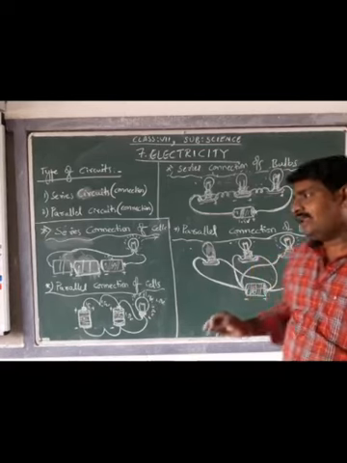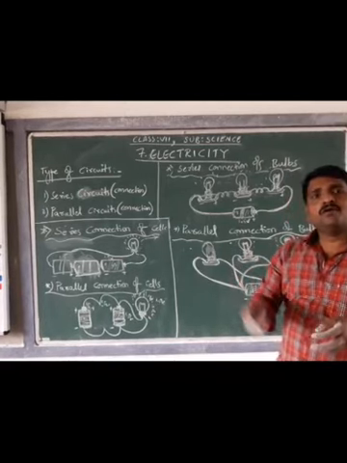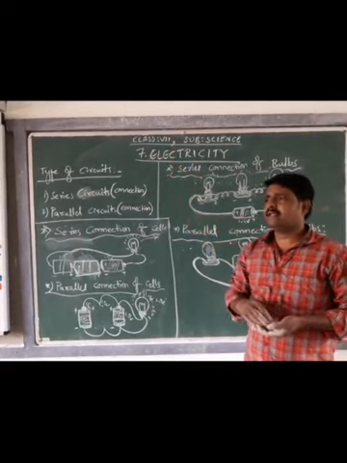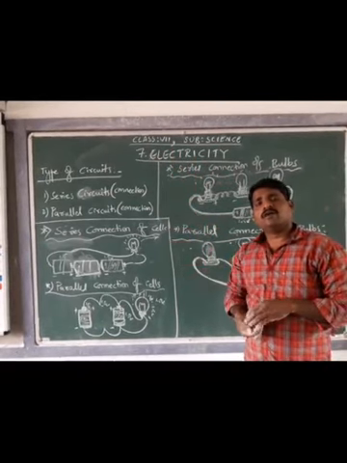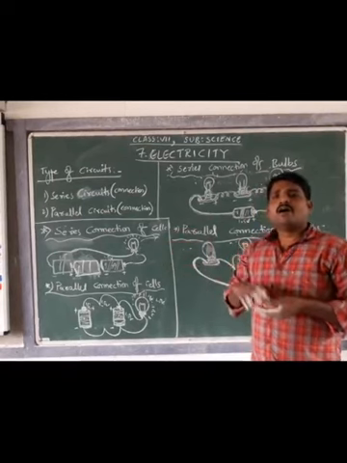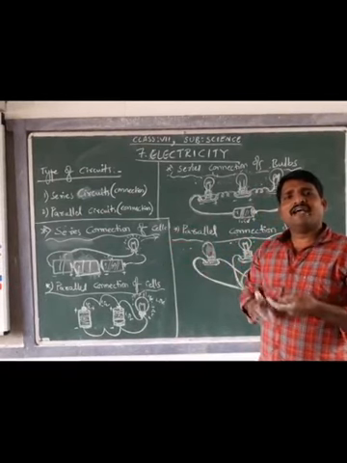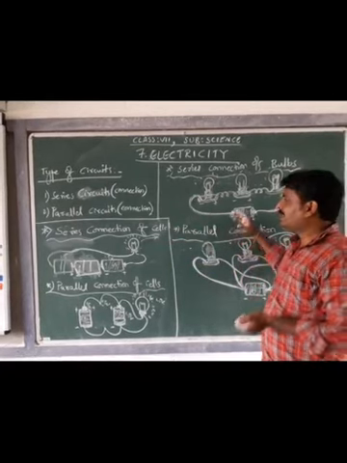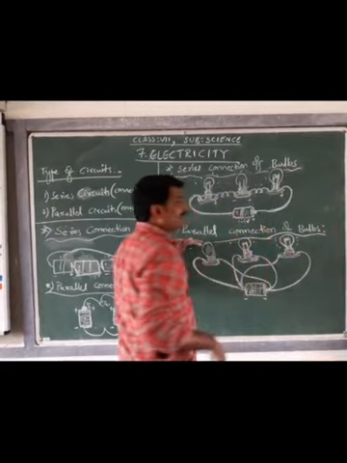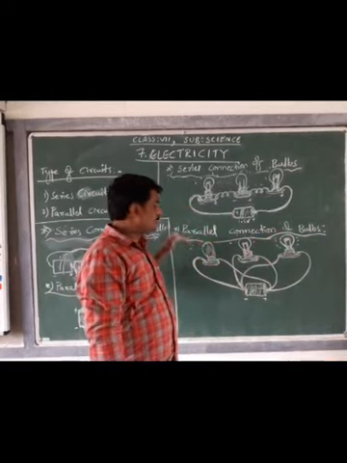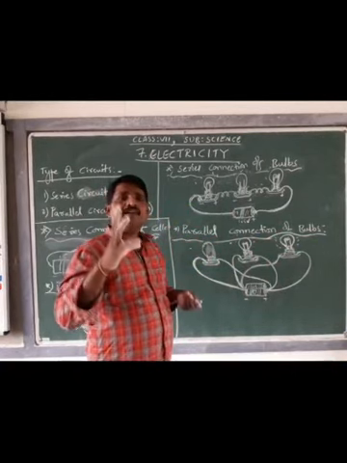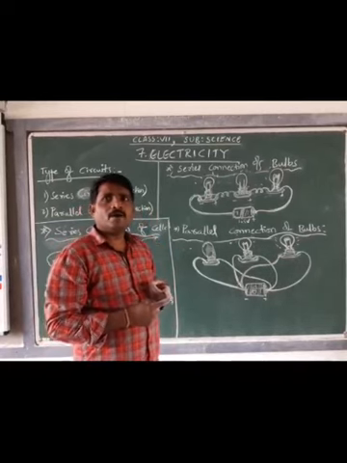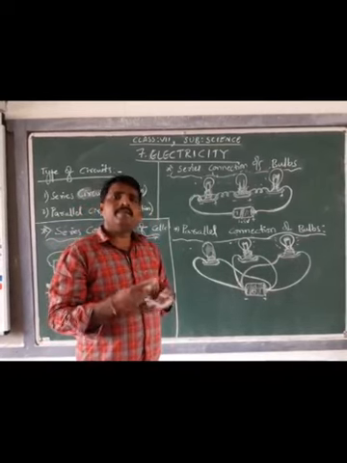Generally in households, in our home, the 240 volt electric supply is connected to our household's meter, and from that all appliances are connected: fan, TV, fridge, bulb, and all the electric devices are connected in a parallel way. Because if one device fails or does not function properly, we can still operate all the remaining devices.